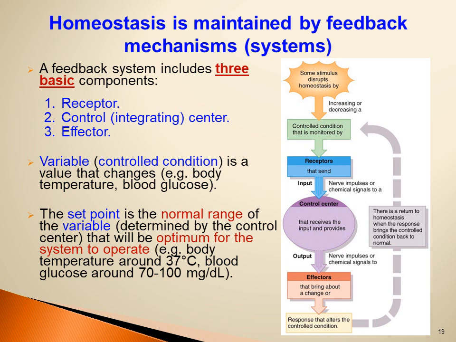The control center will compare this information with the set point, and if it finds that the input is different from the set point, it will send information in the form of nerve impulses or hormones to the effector organs.